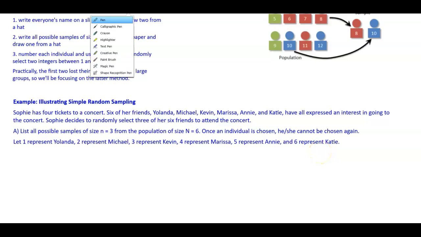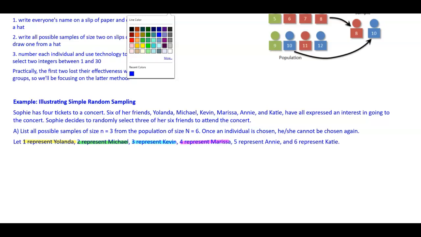So we are going to let each number represent a given name. We're going to let 1 represent Yolanda, 2 represent Michael, 3 represent Kevin, 4 represent Marissa, and then 5 represent Annie.